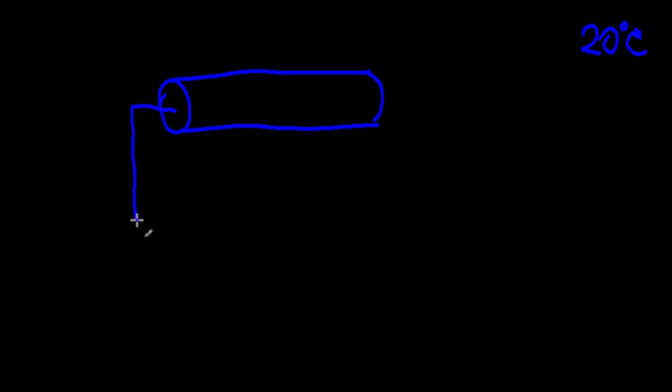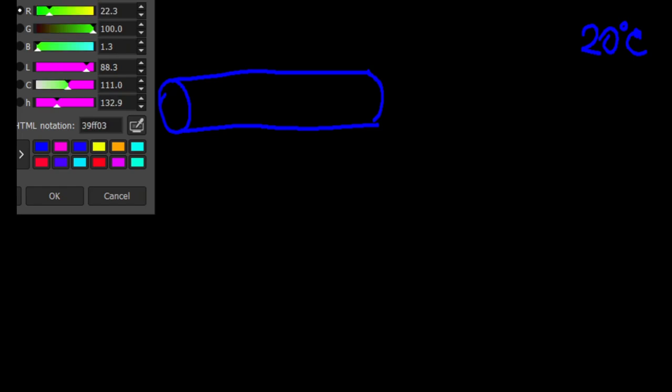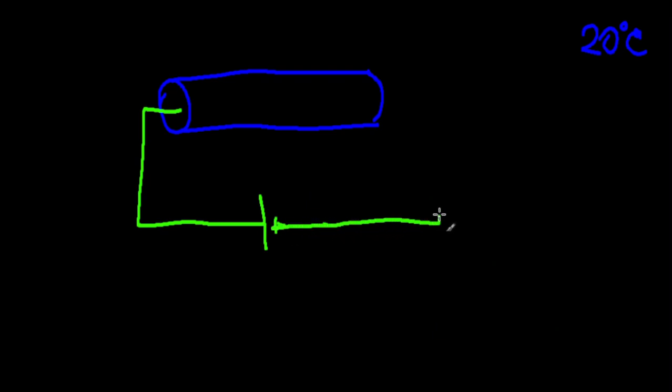So we have our pure metal cylindrical rod, and we sling a cell across it, and these are ideal wires. This cell provides a voltage or EMF, well, we'll talk about that later.